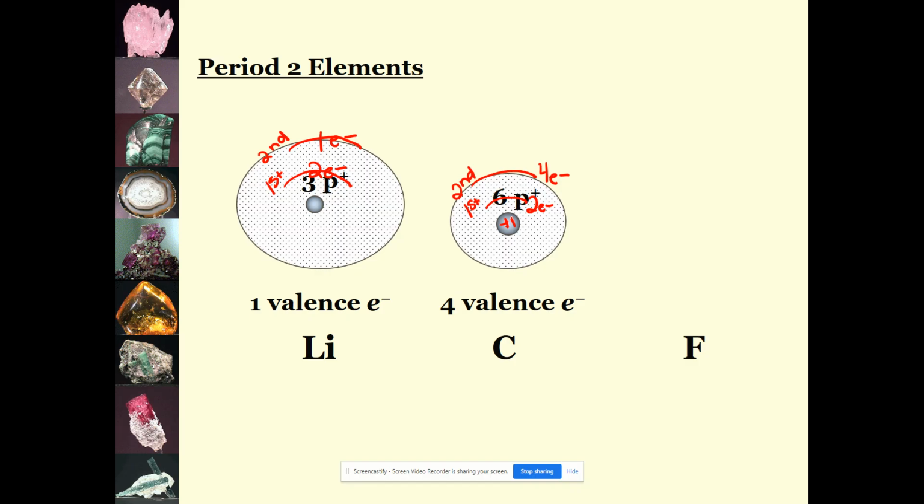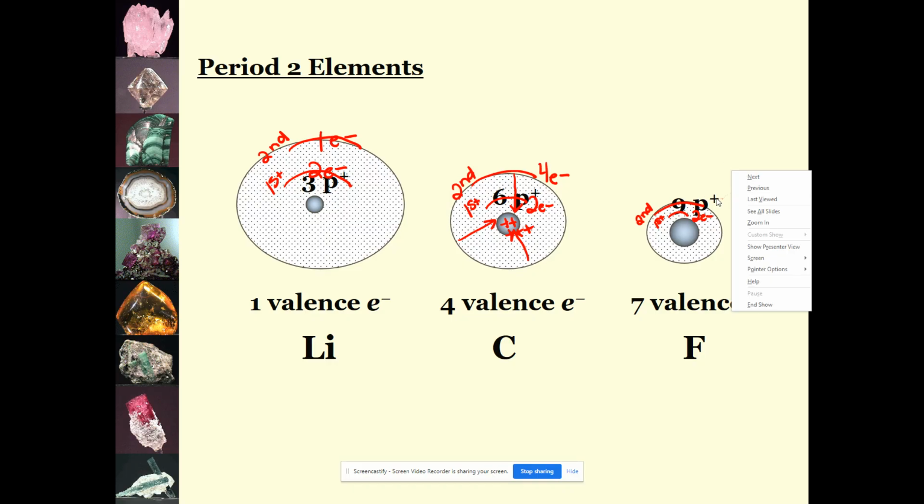But now that I have more protons in the nucleus, those protons can pull the valence level in closer to it. And so that's why the size gets smaller and smaller as you go across in the same period. Because again, you have the same energy level, the second energy level, as your valence level. So you're not adding any valence levels.